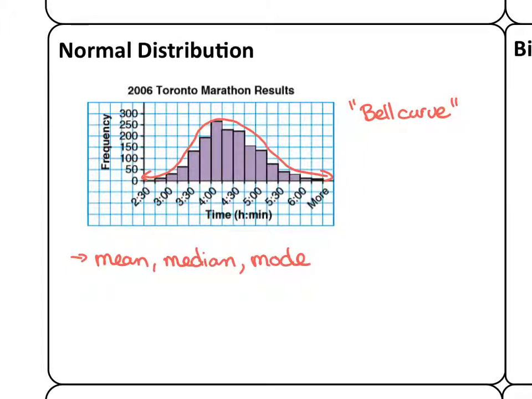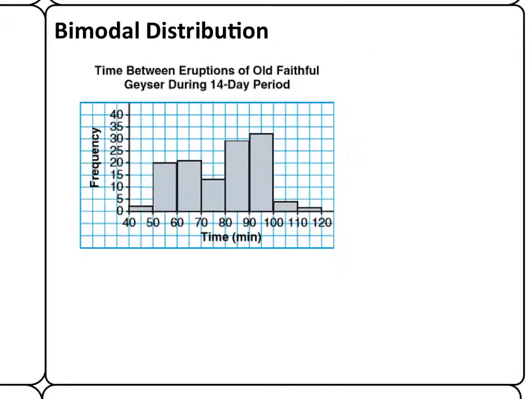So they would be around here. They're approximately the same. They might be a little bit off, but their values will be similar and they'll be close together. And it's got this nice bell curve shape to it.